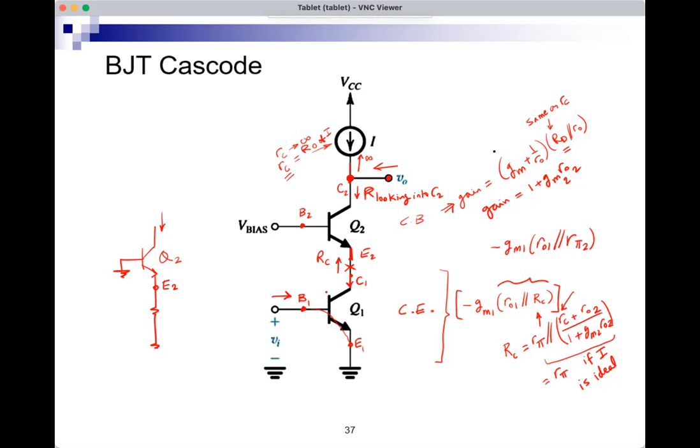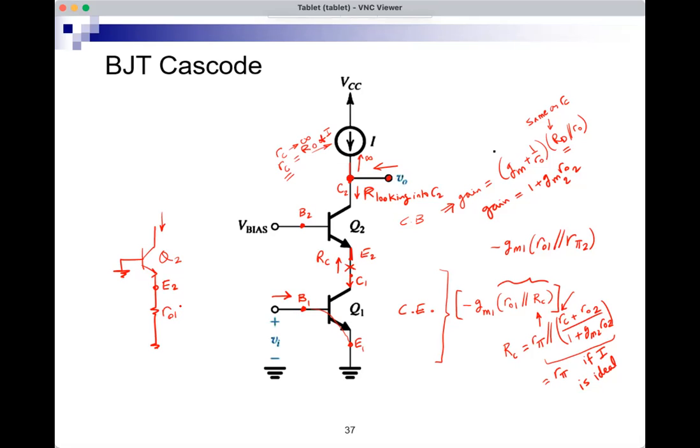So the base of Q1 would be no signal, the emitter of Q1 would be no signal, and I have a formula for that. That's Ro1. If you look at the formula sheet, you're looking into the collector of a BJT with no signal at base, no signal at emitter, you will see a small Ro1.